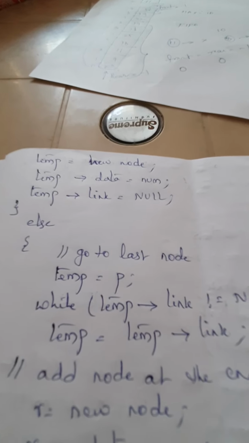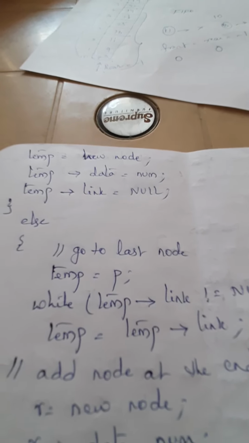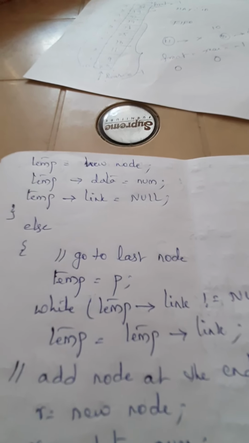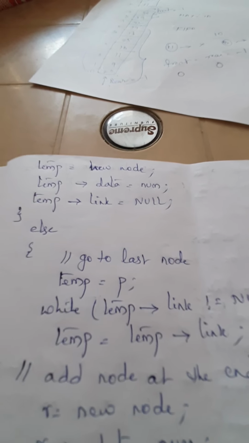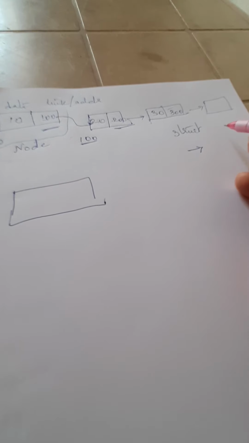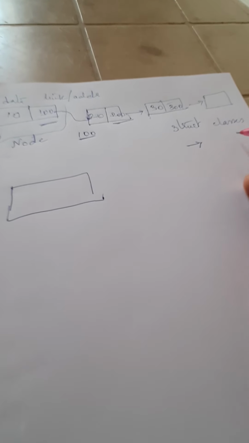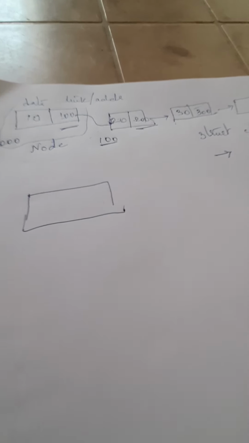Now I am showing you how the node is getting created. This is a node that will be created as soon as you call temp = new node. So temp->data. What is this temp arrow data? Since you have used structures here, you call a structure's members by using an arrow. When you create an object for a class, you call the object's data members by a dot, like s.pop, as we have seen in many programs till now.